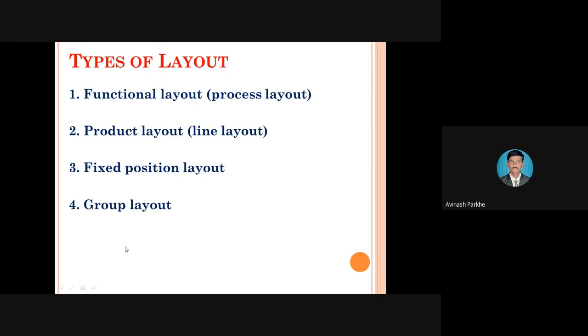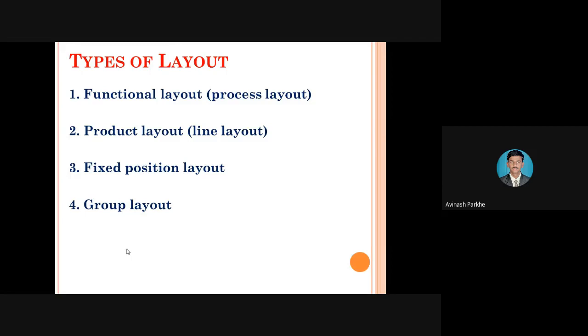So these are basically the 4 types of layouts which are mostly used in various types of industry as per the requirement of the product. Which types of products we are manufacturing in that particular industry, as per the requirement of the product, first of all, we have to finalize the type of layout.